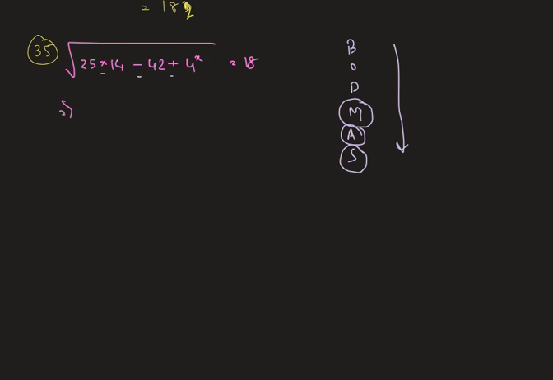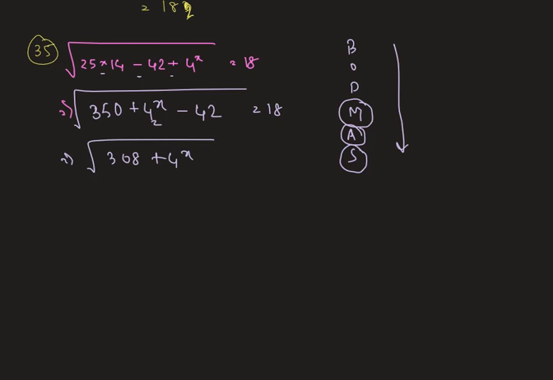So first we do the multiplication, and 25 multiplied by 14 results in 350, and after that we add 4 to the power x, and then lastly comes the subtraction. As 4 to the power x is a variable portion, we do the subtraction, that is 350 minus 42, which results in root over 308 plus 4 to the power x, equal to 18.